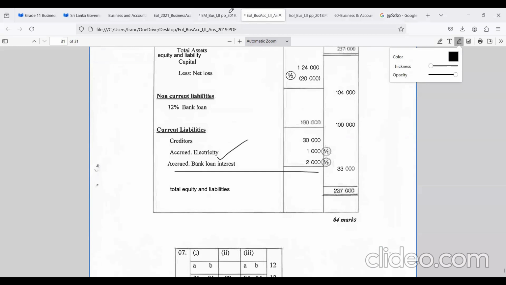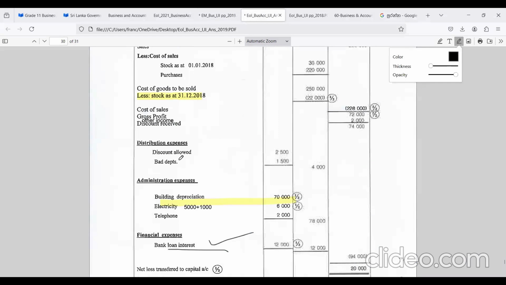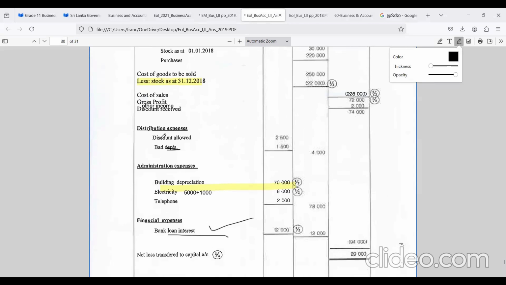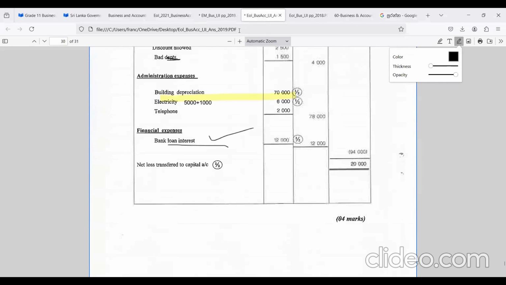The other items should be recorded from the trial balance. So discount allowed, bad debt, not debt. The spellings are wrong. Then here you are getting the net profit. See here, for writing net profit transfer to the capital account, you are getting half a mark.